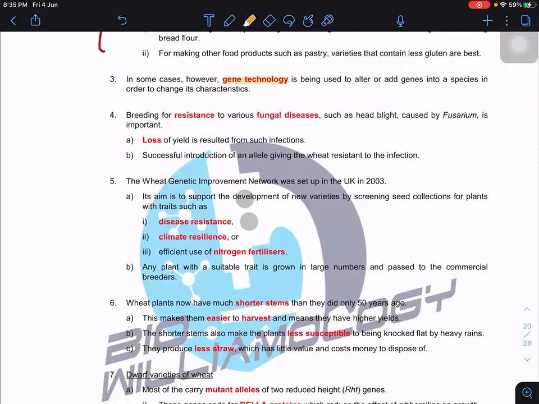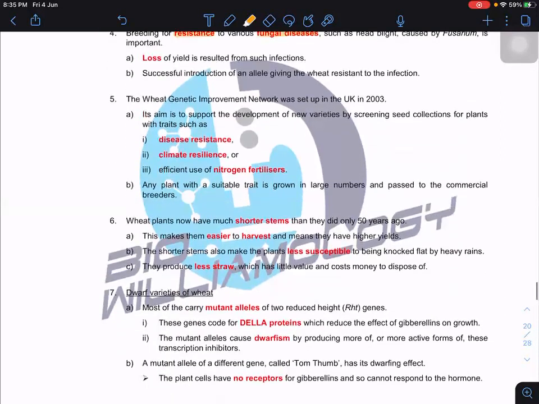What we're going to do, we're going to introduce a certain allele so that the plant now becomes resistant to the fungal disease, or they are climate resilient, or they have a very effective way to use the nitrogen fertilizer. So in this case, they will be able to grow well. Then we continue to inbreed them to pass on this particular characteristic to the next generations. No doubt, inbreeding depression will always take place later.